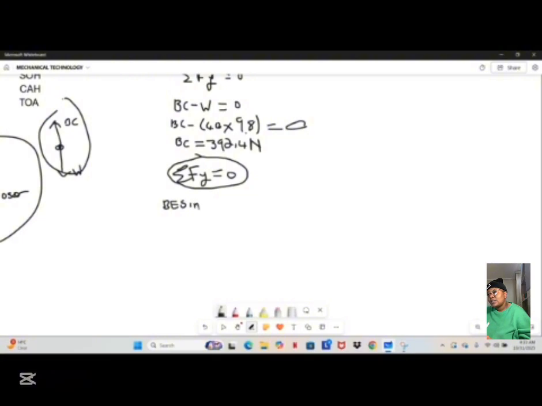And then we got, as we say that BE is equal to 392.4 sine 30 is equal to AE.